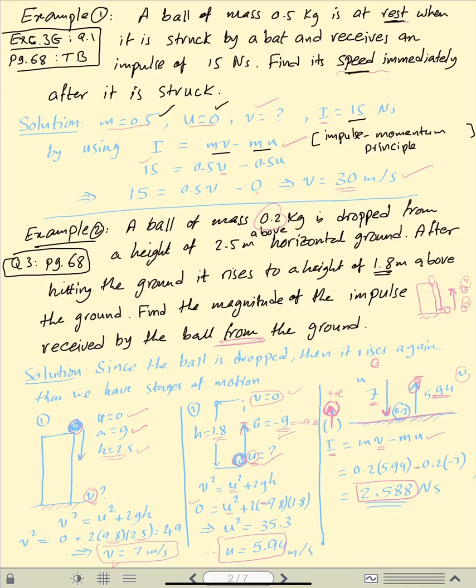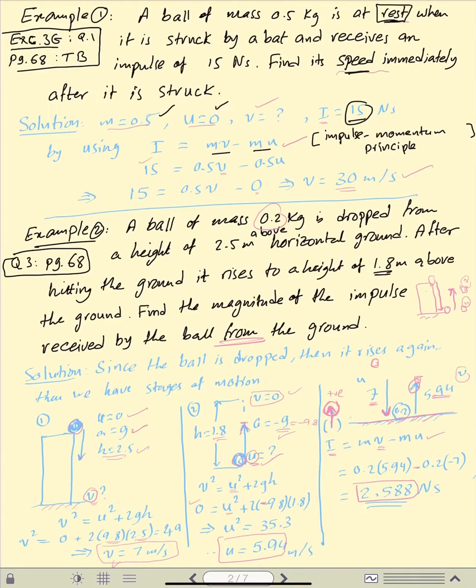Then one step: replace each quantity by its value. 15 is equal to half times v minus half times u. u is 0 since the particle is at rest. So 15 is equal to half times v, so v is equal to 30. 15 times 2, or 15 divided by half on the calculator, gives v equal to 30 meters per second. This is a straightforward example to start with.